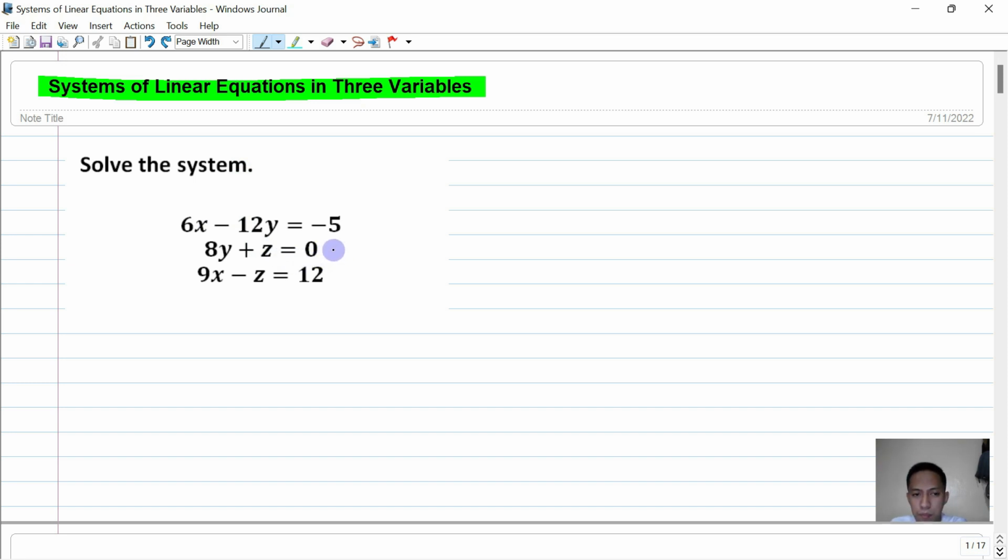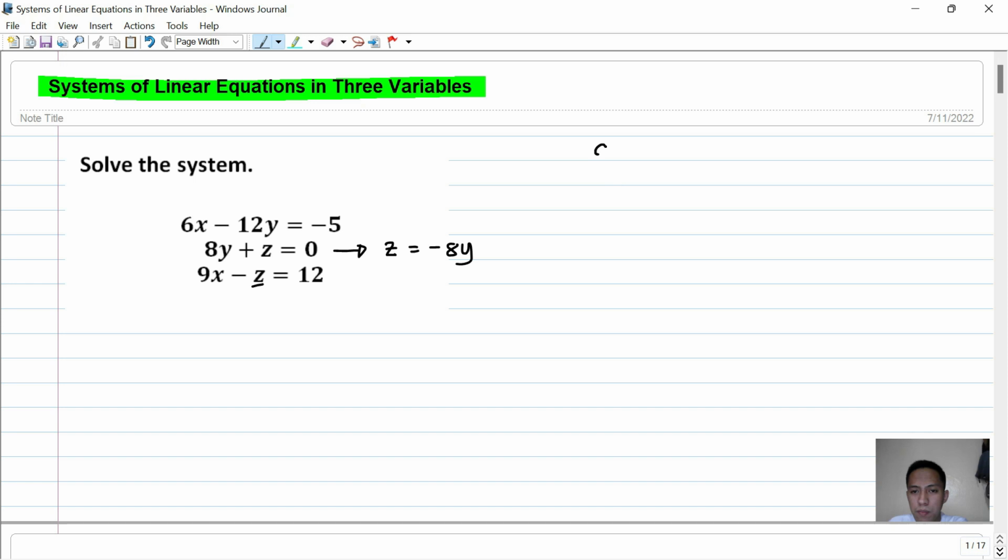For example, the second equation can be reduced to z equals negative 8y. Basically, we just transposed 8y and it becomes negative. Then we substitute this z into the third equation.